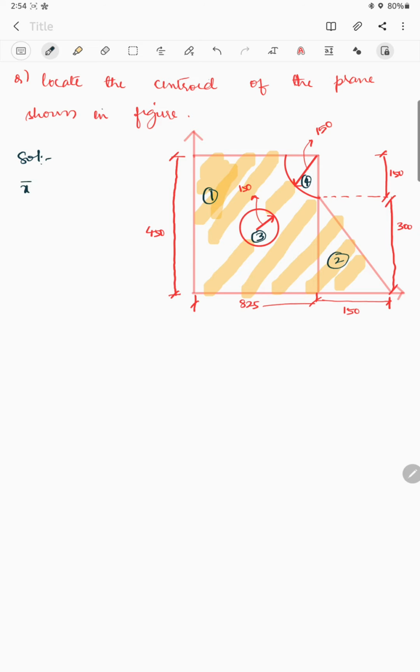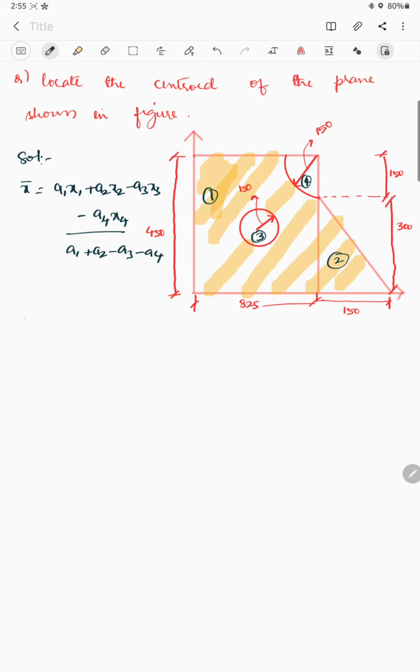Our formula for x bar will be (a1 x1 plus a2 x2 minus a3 x3 minus a4 x4) whole divided by (a1 plus a2 minus a3 minus a4).